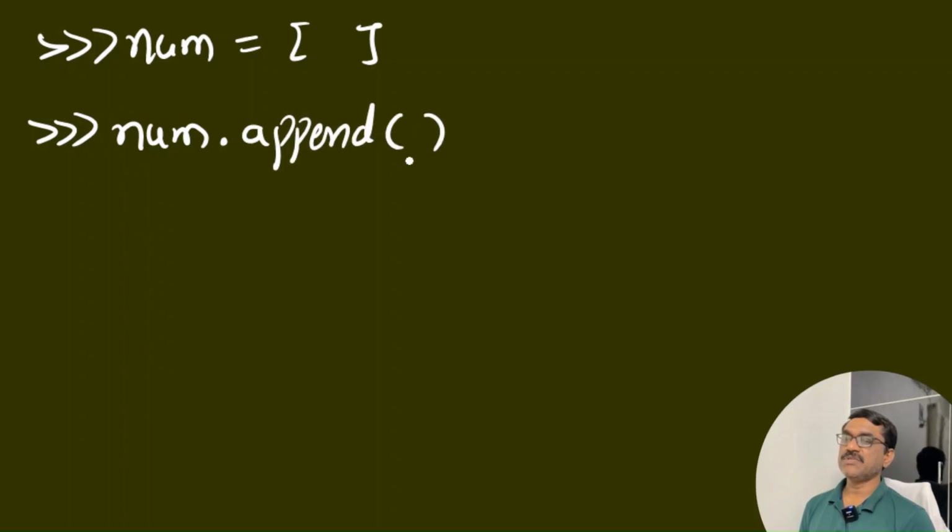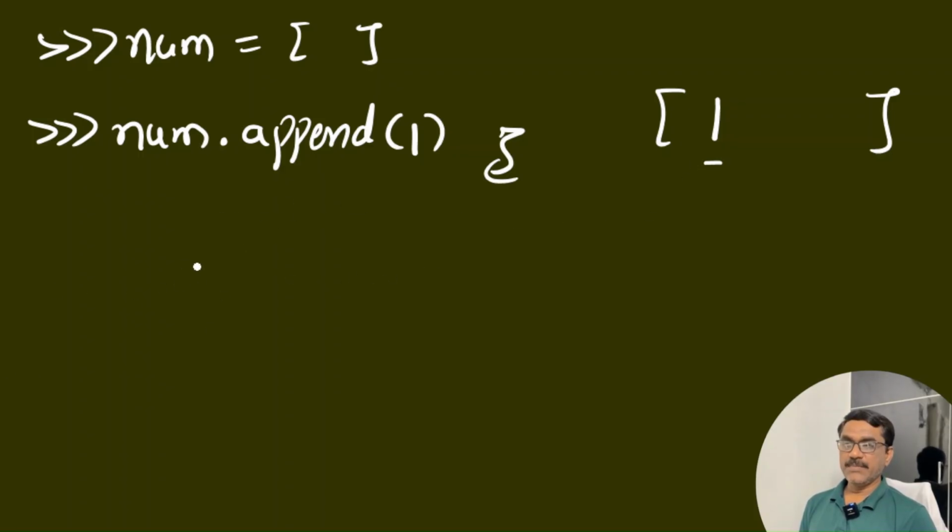Just I'm giving empty parenthesis. If you give empty parenthesis, it means we are not going to add anything. This is meaningless. Now assume that I'm specifying some value here, 1. In num.append, in the brackets we are mentioning the value. So then what happened in the empty list, we are going to get the element 1. After pressing enter, inside the num list we are going to have the element 1.